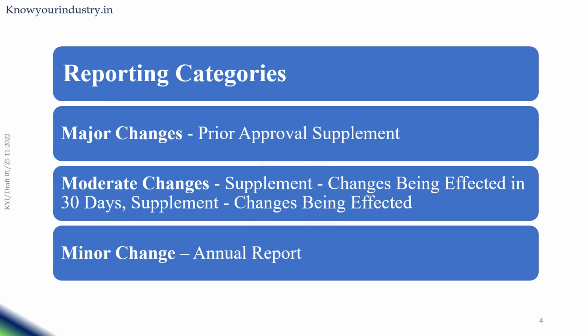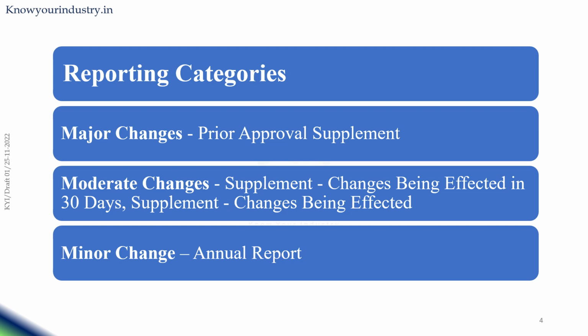What are the reporting categories? As we have seen in the previous slide, we can report it as major change, moderate change, and minor change. So how do we submit this to the agency? Let's start with major change.